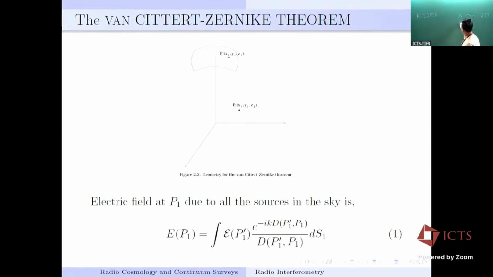So if you go a unit distance, it is 2 pi by lambda. If you go a distance d, it will be 2 pi by lambda into d. What is this 2 pi by lambda? It is K. This is a definition that I am making. K into d is exactly what is there.